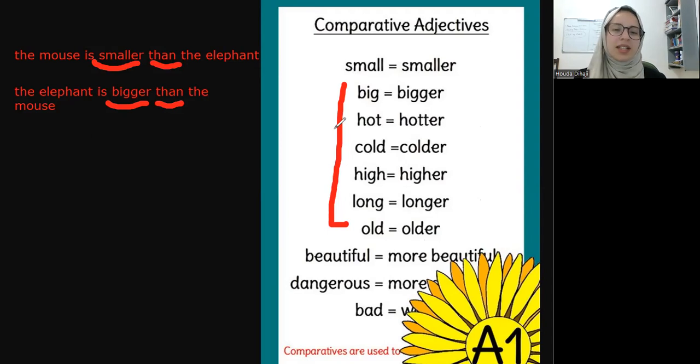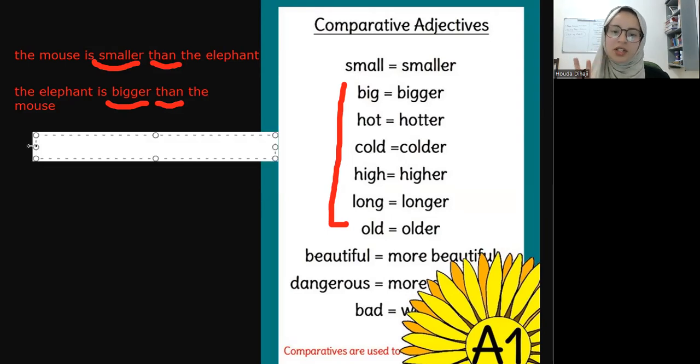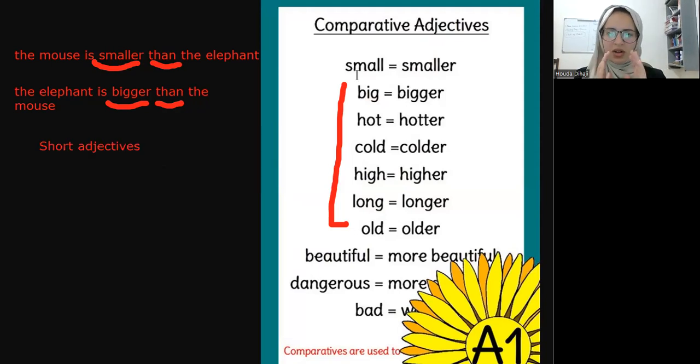But pay attention, please. There is an exception in English for this. We have in English two types of adjectives, short adjectives and long adjectives. Short adjectives are the ones that we have just covered. They are very short, النعوت القصيرة: small, big, hot, cold.